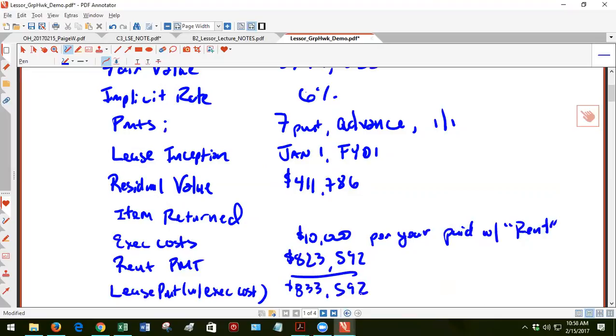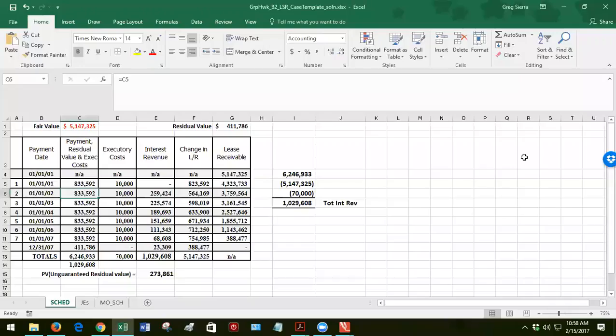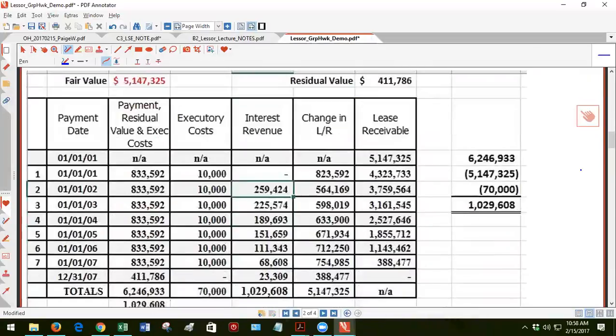Now, as part of your assignment, you were asked to calculate the payment. For myself, I am just doing the payment because I want to get to the other parts of the journal entry. I inserted it in this document.